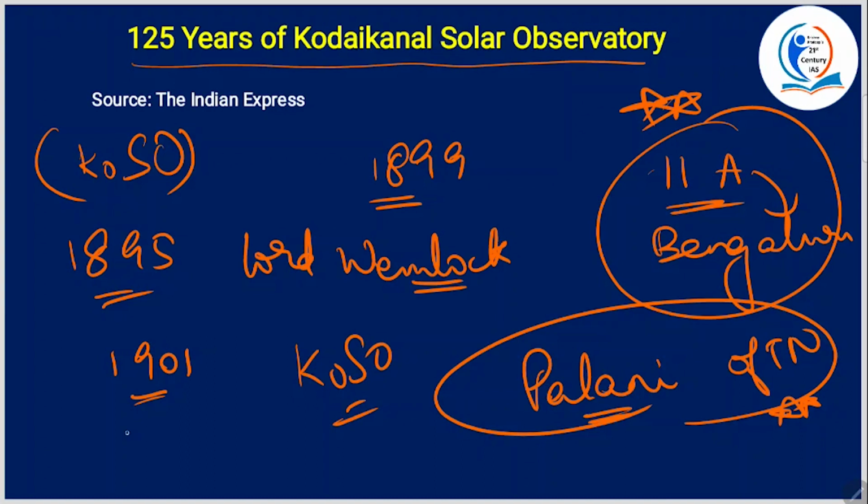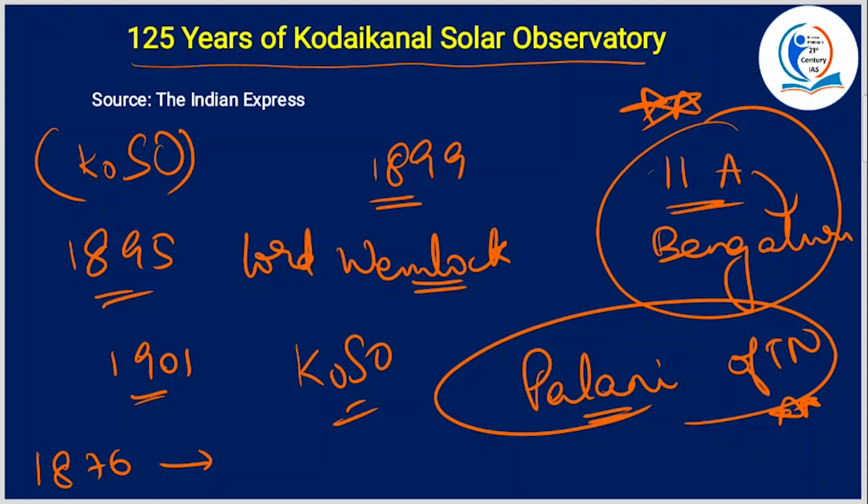Okay, and the great drought of 1876 led to the establishment of the solar observatory. Why? Because this great drought actually triggered scanty rainfall over South India and had devastating consequences, leading to widespread famine and loss of millions of lives. All right.